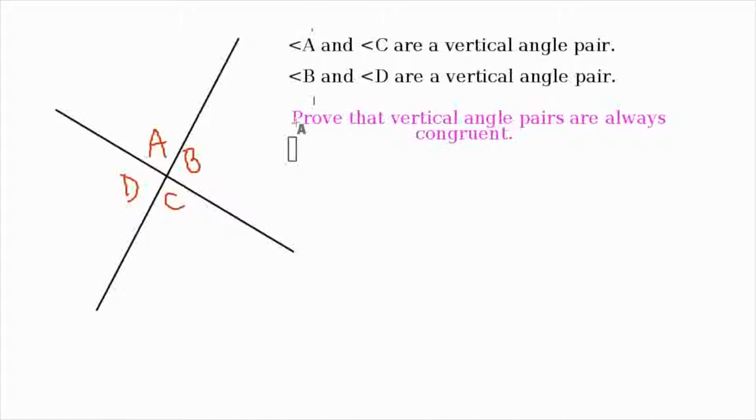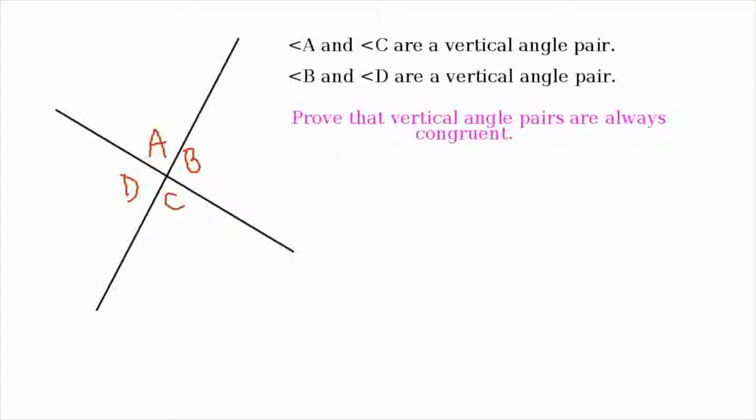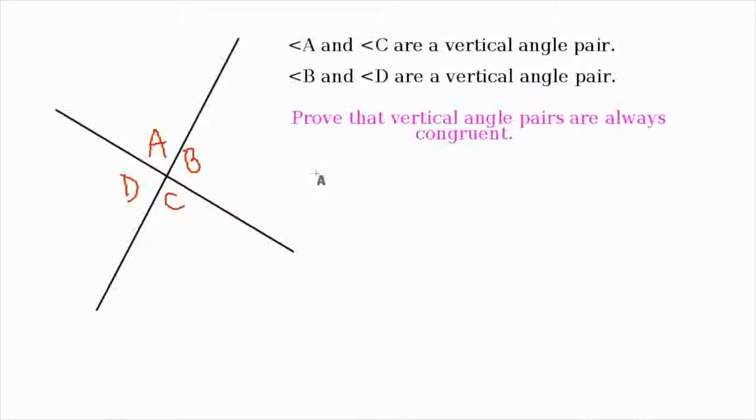Here's how I would prove that. And remember, proofs can be as formal or as informal as you like. It depends if you're presenting it to someone else or you're just convincing yourself.